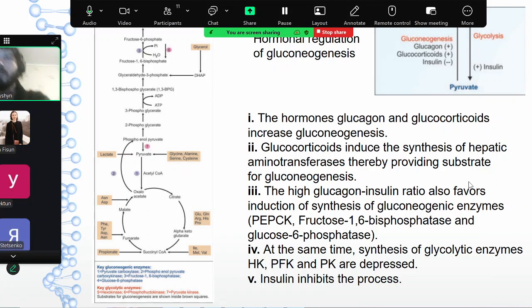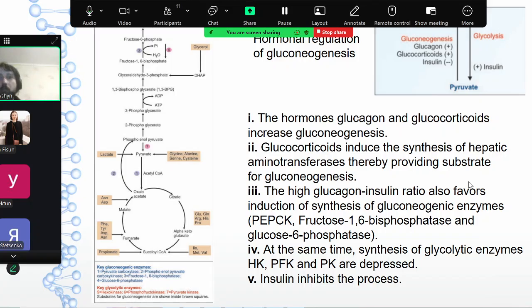Glucocorticoids induce the synthesis of hepatic aminotransferases, thereby providing substrate for gluconeogenesis, so we can use amino acids like alanine. The high glucagon to insulin ratio also favors induction of synthesis of gluconeogenic enzymes, and at the same time synthesis of glycolytic enzymes is depressed.